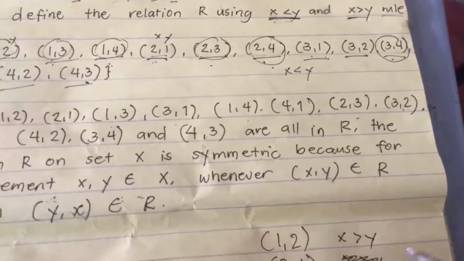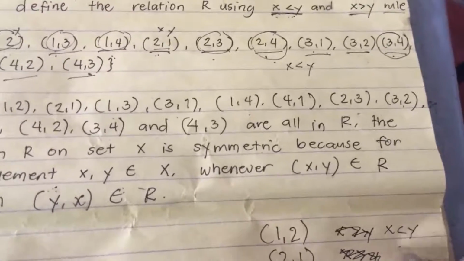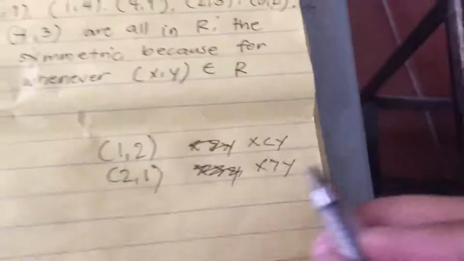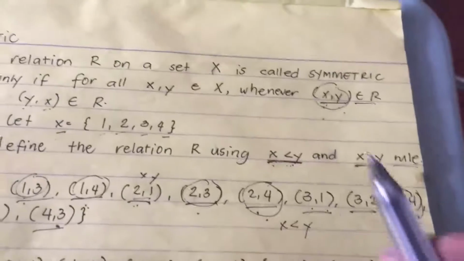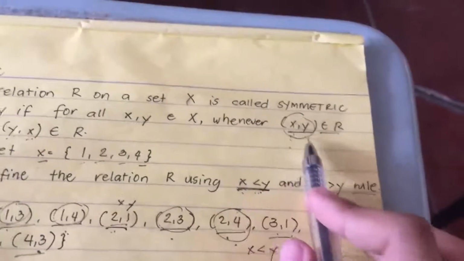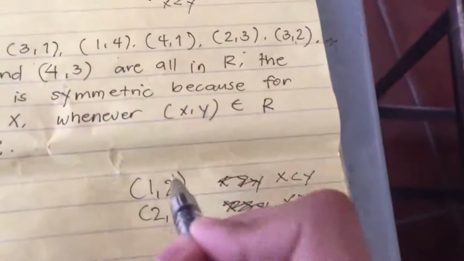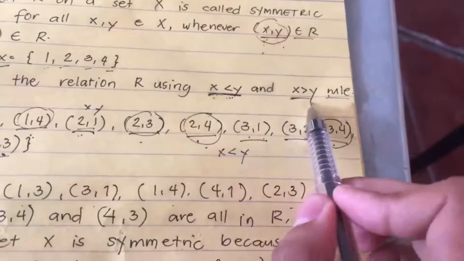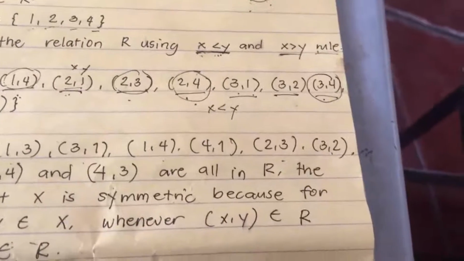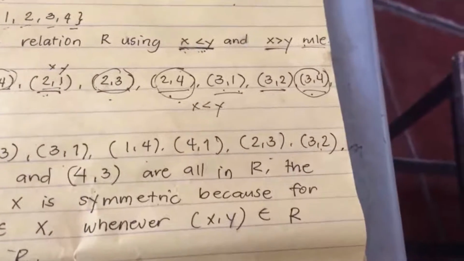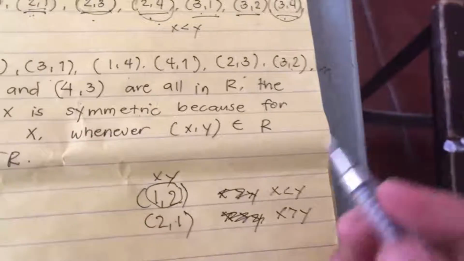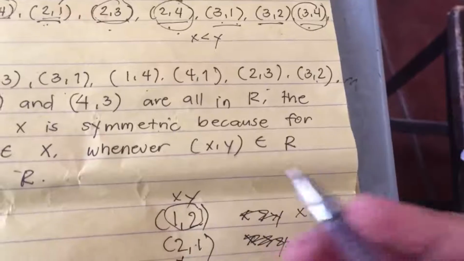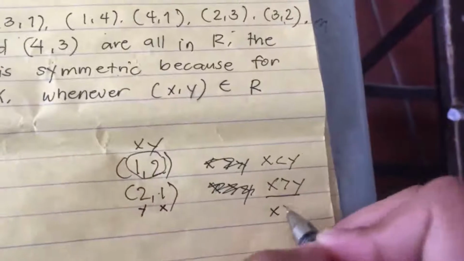So here it says that whenever x and y is an element of R, which is this one, 1 and 2, x less than y, the rule, and 2 and 1, which is the same as 1 and 2, just that y was the first one to be listed, then x, but it also satisfies the rule x is greater than y.